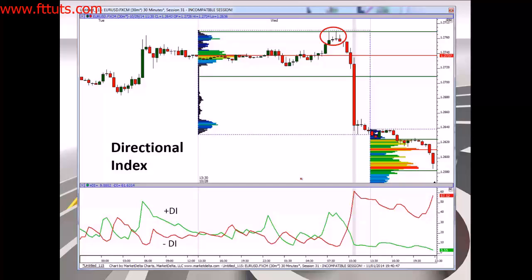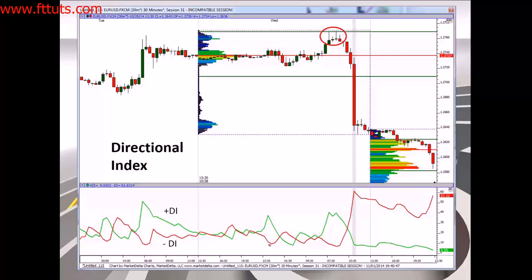Now, another useful technical indicator that is very easy for us to integrate with our profile is the directional index. And I have the directional index here below the chart. Naturally, as with all indicators, the settings and the look of the indicator will vary from one platform to the other.